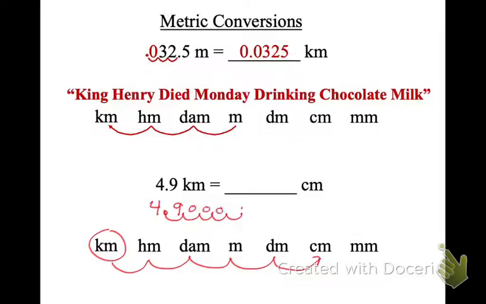And I'm adding zeros the rest of the way. So now I'm going to rewrite that 4, 9, 0, 0, 0, 0. And I always use my commas because it's easier to read. 490,000 centimeters. King Henry died Monday drinking chocolate milk.